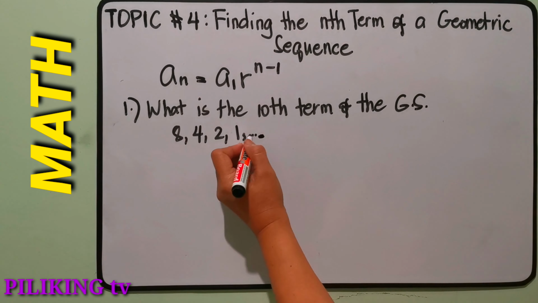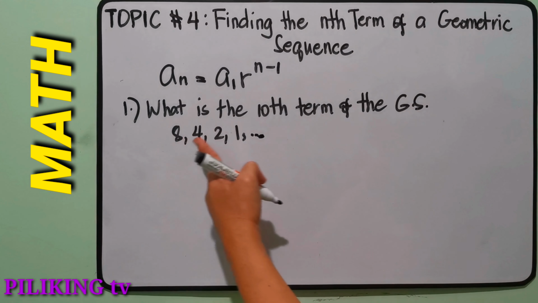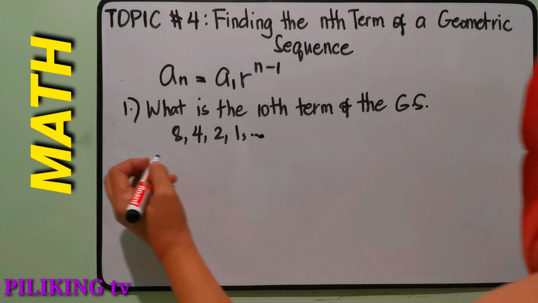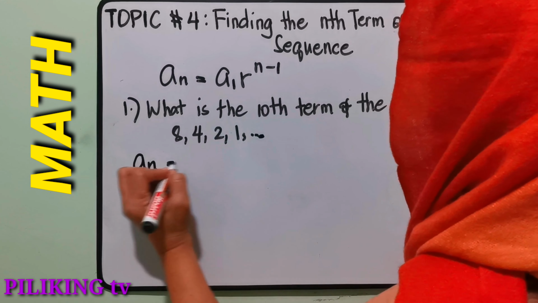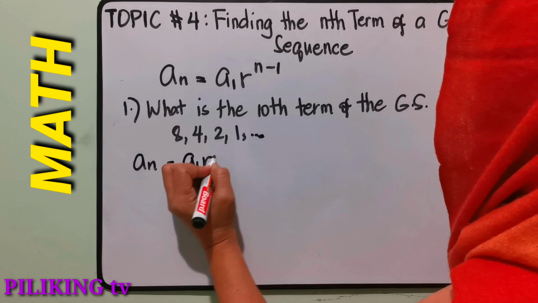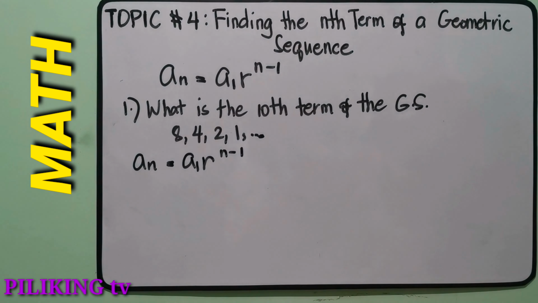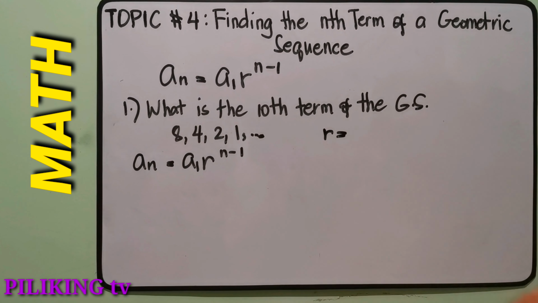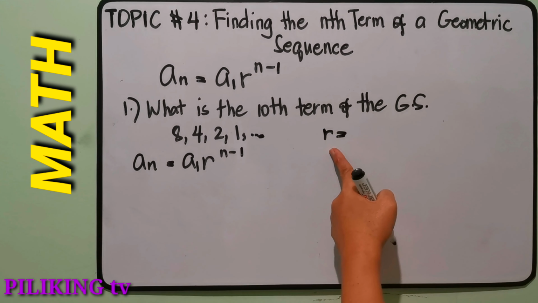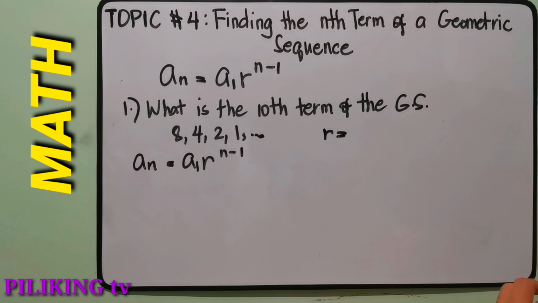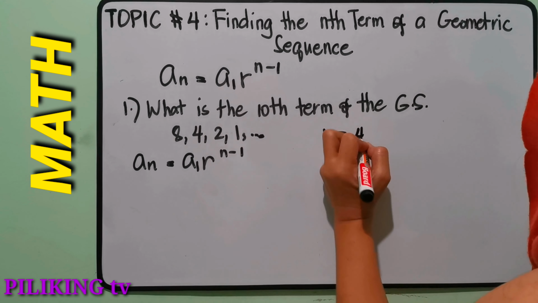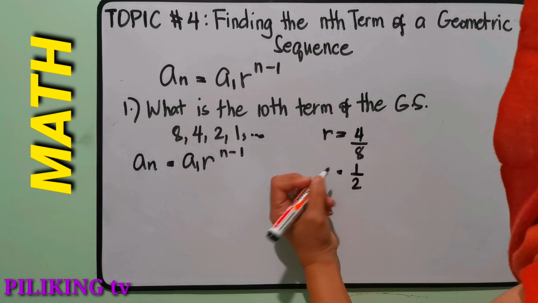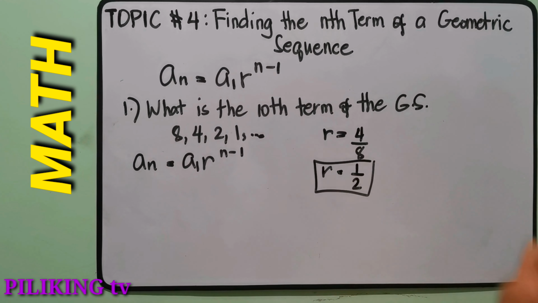Let us use the formula a sub n is equal to a sub 1 times r raised to n minus 1. But before that, let us first get the common ratio. Again, how do we get the common ratio? You divide the next term by the preceding term. So we have 4 divided by 8, and that is equal to 1 half. Therefore, our common ratio is 1 half.